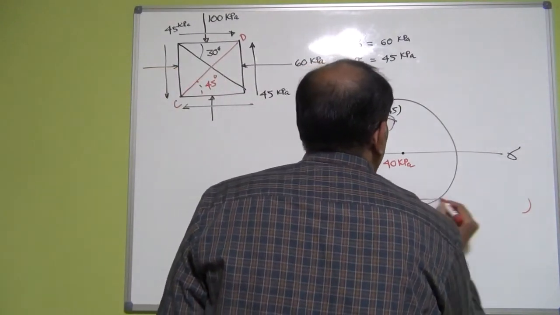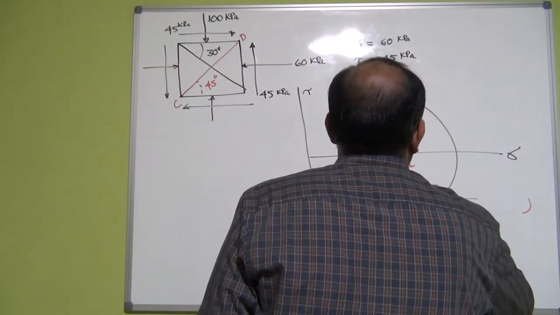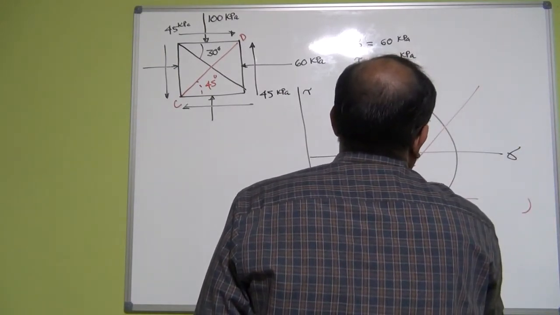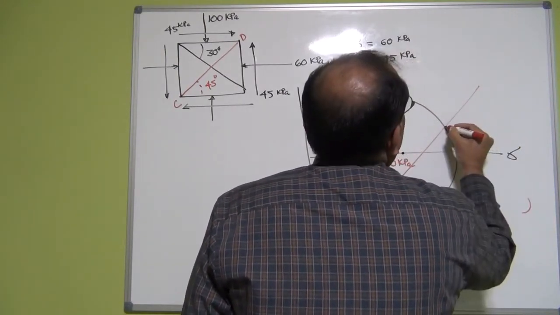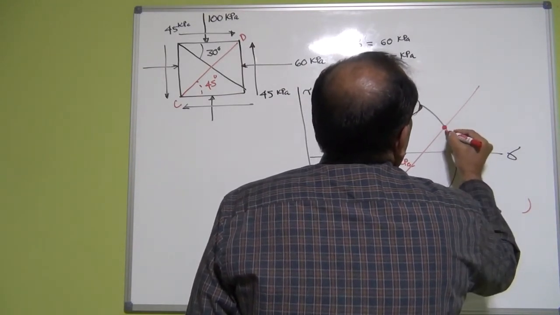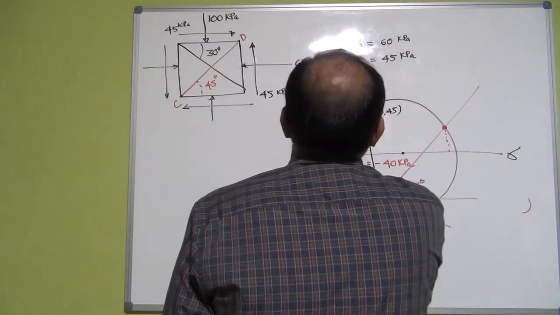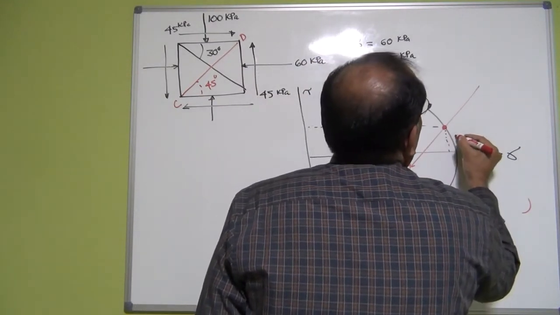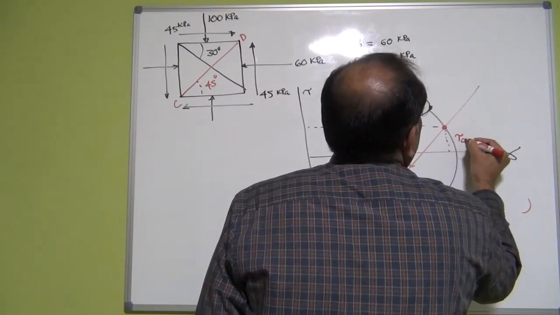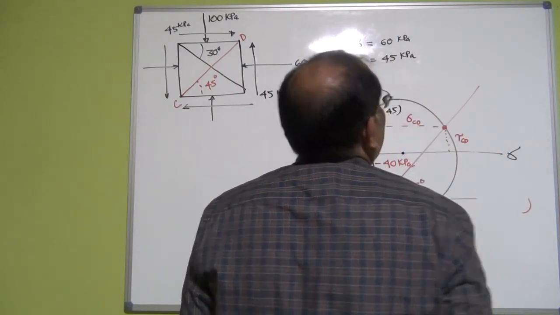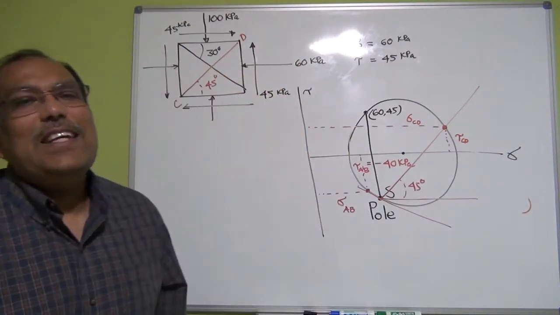So you draw a plane at 45 degrees with the horizontal. Now you can see this intersects here. So the coordinate of this point is your tau CD and sigma CD. So that's a graphical method.